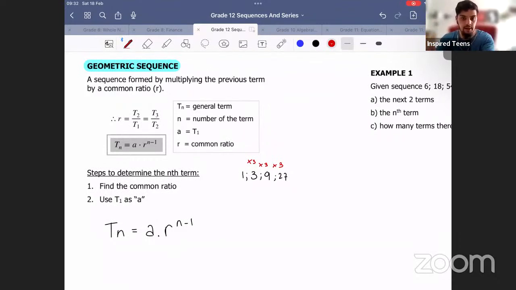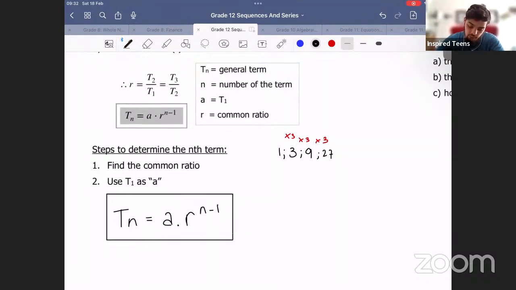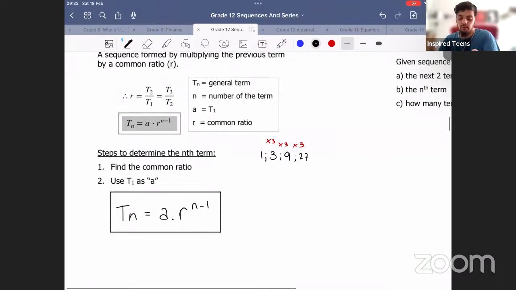I hope that makes sense. It's a basic concept. It's similar to arithmetic, where instead of adding a common difference each time, this time we are multiplying by a common ratio. That is the most important thing. These general formulas are given in your formula sheet. A is the first term, R is the common ratio, n is still the number of the term.